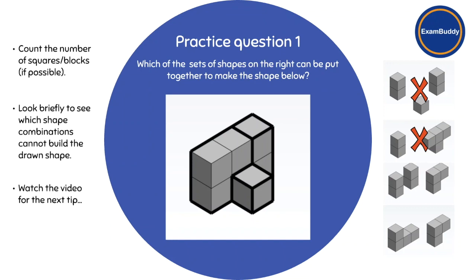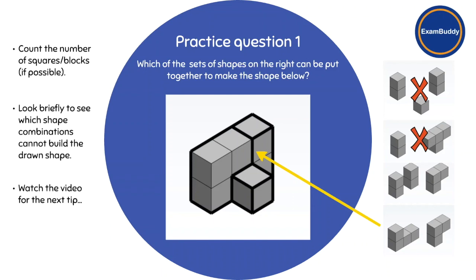So now that you've watched the video, it should be a little bit easier for you to work out which answer is correct. The key that gives this question away is this join line. It separates an L shape from a stack of 2 blocks and a protruding block at the front.